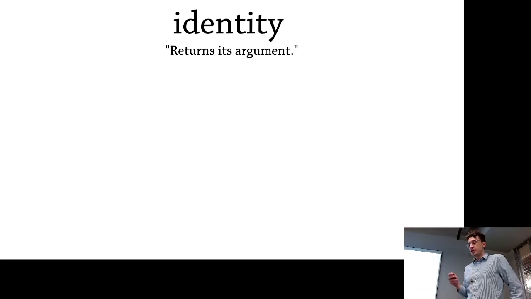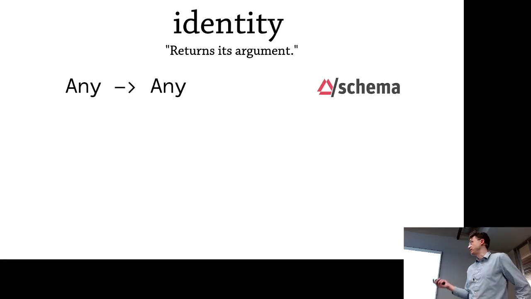So let's brainstorm some of the different specs we could give to identity. And let's use schema syntax for now. Well, this isn't even schema syntax. It couldn't fit on a slide. This is more like type Clojure syntax. But any to any, I guess technically, if you give anything to identity, you get back anything.